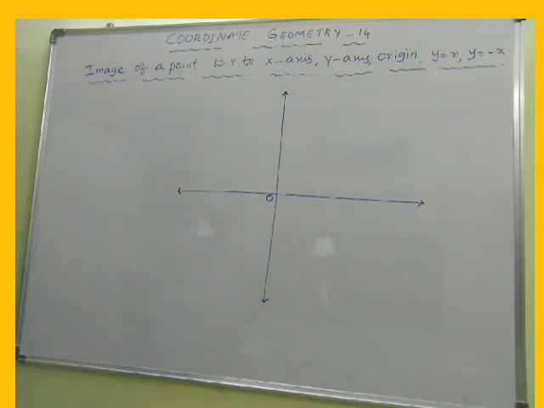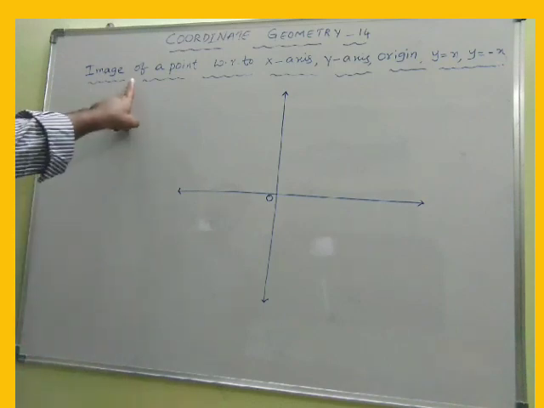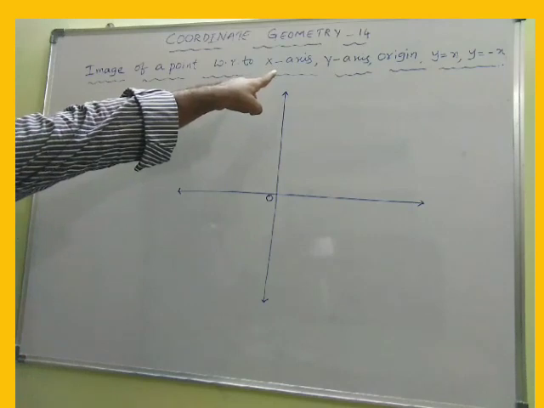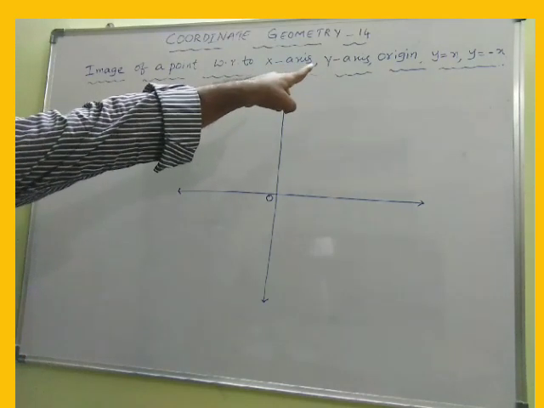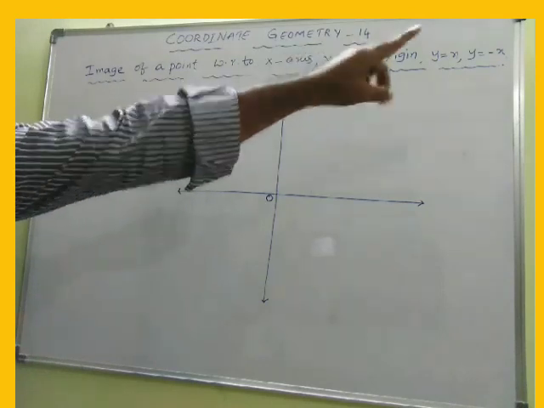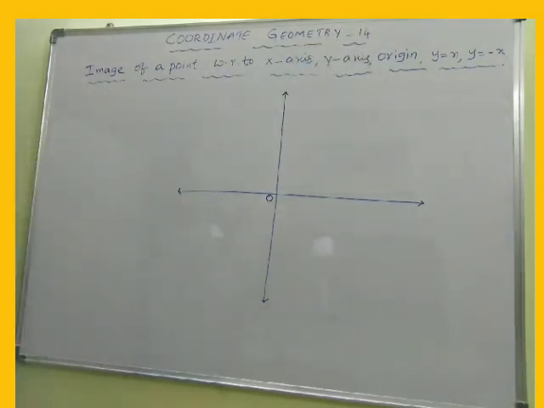So coming to the second concept, that is how to find the image of a point with respect to the x-axis, with respect to the y-axis, with respect to the origin, and with respect to the lines y equals x and y equals minus x.